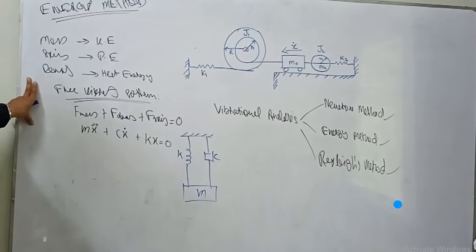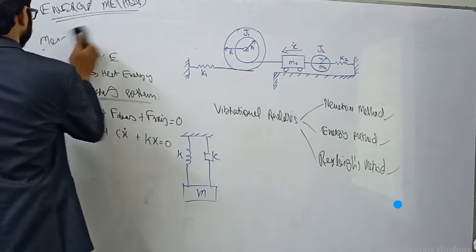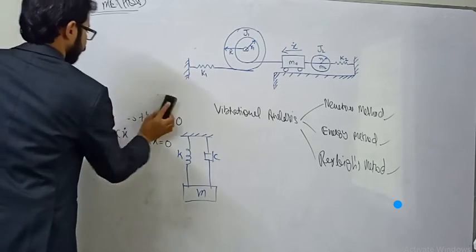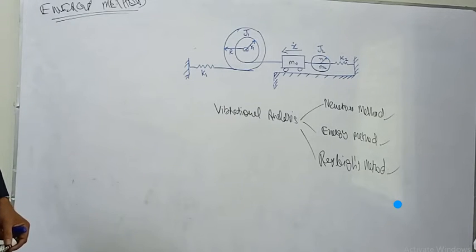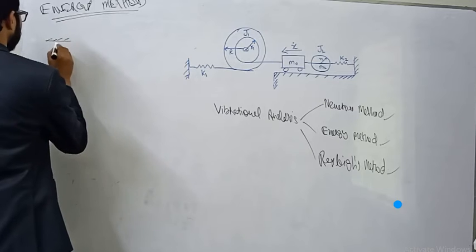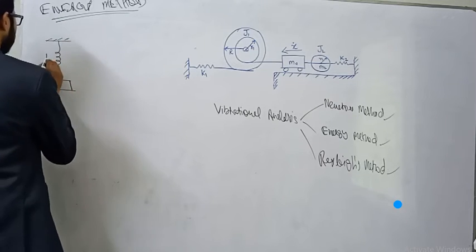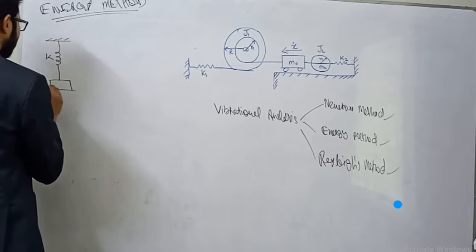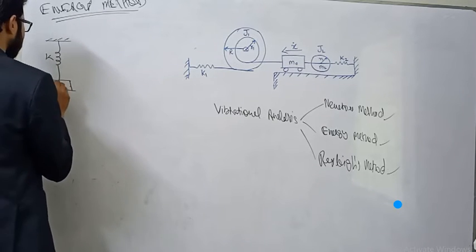Now we will go for the possible types of energies associated with this particular kind of vibrating system. Suppose we have a mass-spring system that is at rest initially, and an excitation force is acting upon it, that is mx double dot, and this is the mass.